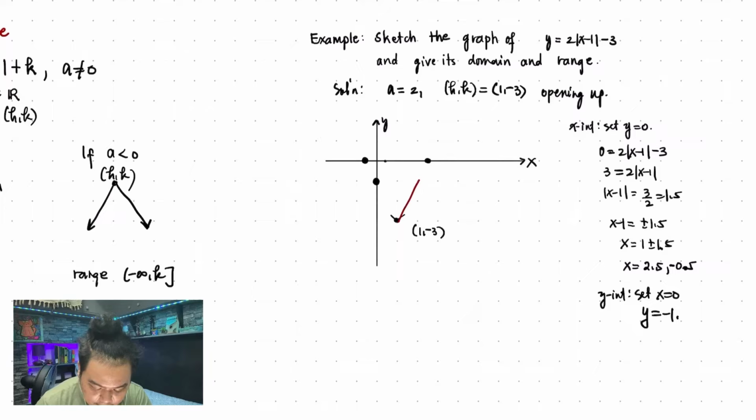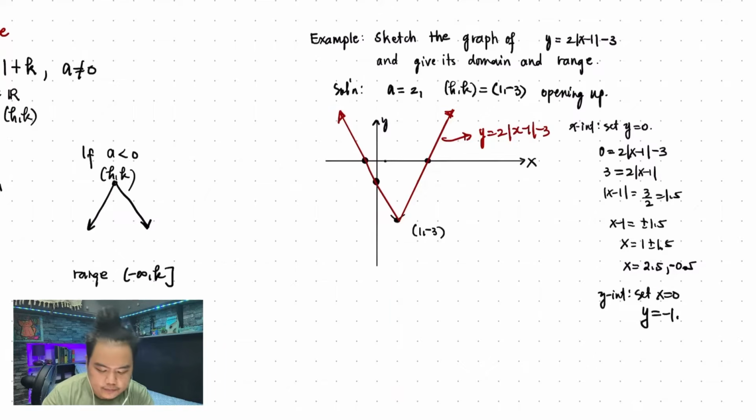I-redo ko na lang. So, yan yung graph ng absolute value natin. So, this is y equal to twice ni absolute value ng x minus 1 minus 3. Labelan natin x-intercept. This is 2.5, 0, negative 0.5, 0.